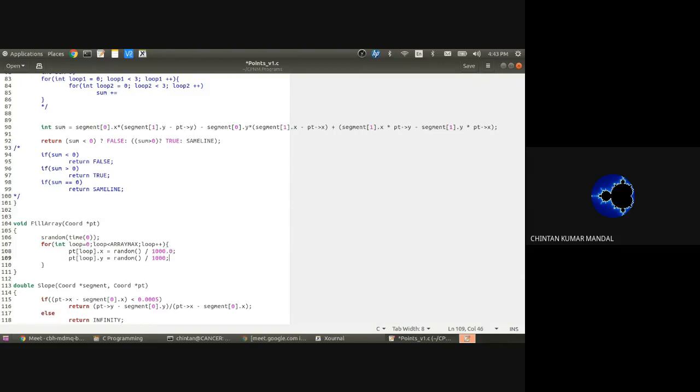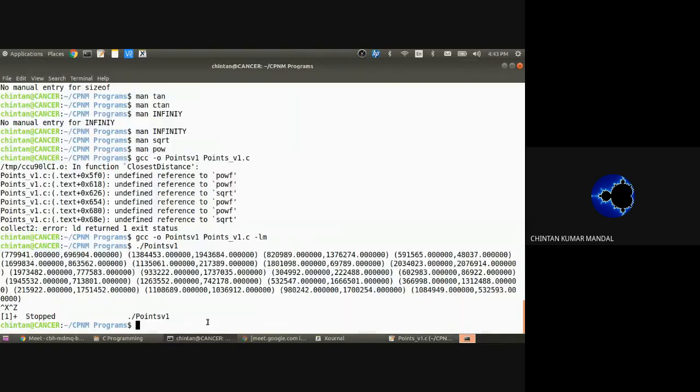It will be a dot 0, this will be a dot 0. Okay, my mistake. So this should work right now.